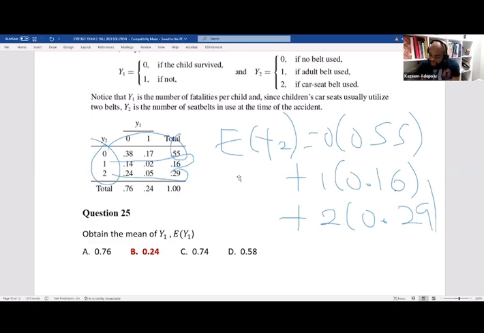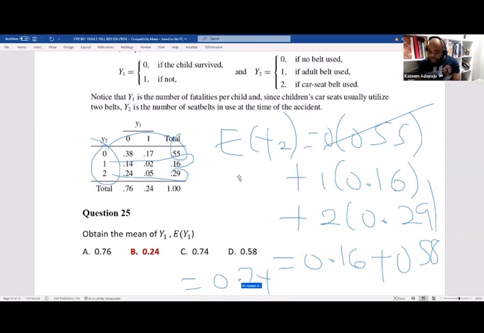0 times that is just 0, then 1 times that is 0.16, plus 0.29 times 2, which is 0.58. I only need to add the 0.16, and that gives me 0.74.